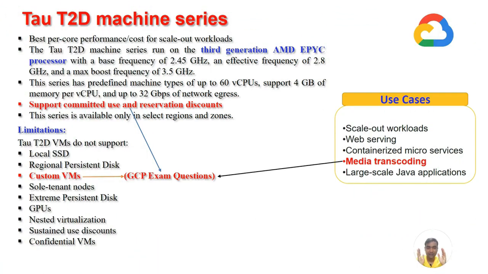Guys, in GCP examination questions, you may have to find out which machine series doesn't support custom VM. Then what is your answer? I know, as I explained. Guys, I hope now you understand. And another question is, guys, the Tau T2D machine series use case for media transcoding. That would also be helpful for your GCP examination.